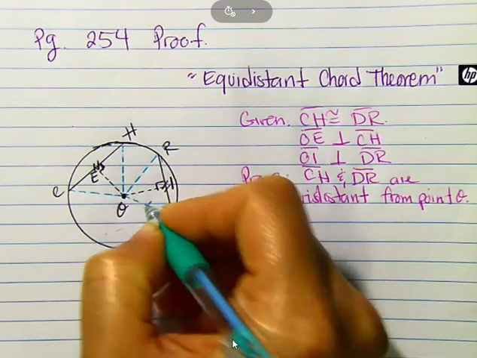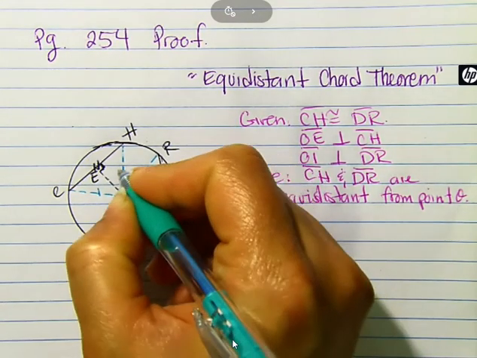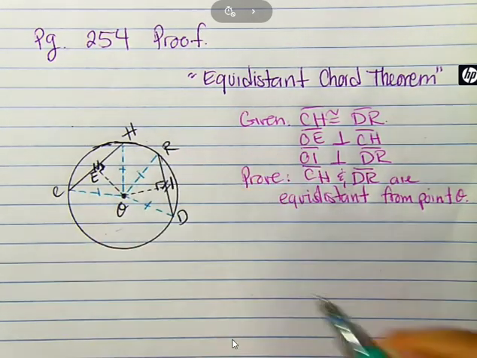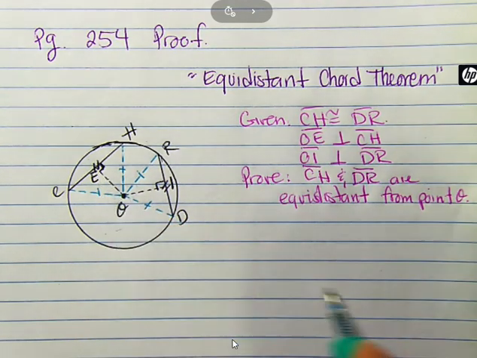Now, this side is congruent to that one, radii in the same circle. This side is congruent to that one, radii in the same circle. RD is congruent to CH, and that's because it's given. So by SSS, these two bigger triangles are congruent.